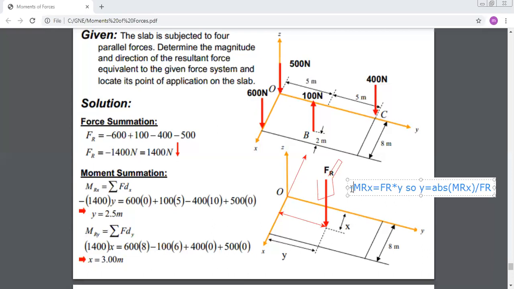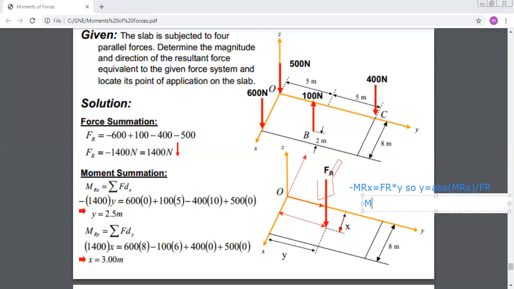Now I still need to find what is the distance I should displace the force in order to remove MRY. So if you have MRY now, this is MRY. You should displace your force along a distance x to produce this moment. So also for MRY, what is the condition?